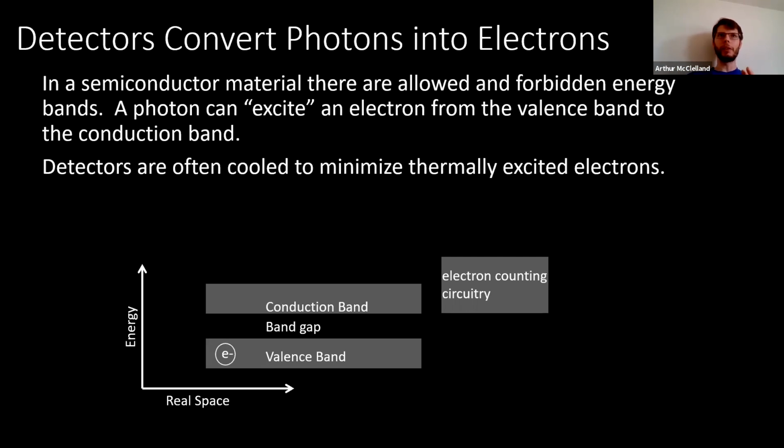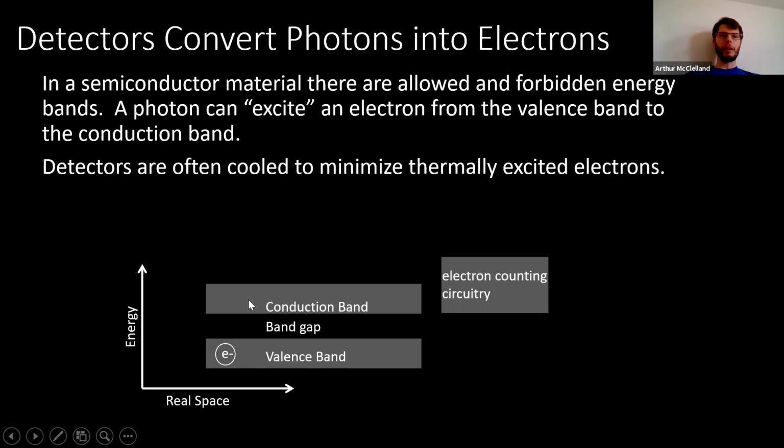There are photomultiplier tubes, which are sort of fading out of use, but they work by the photoelectric effect. Here, your digital camera works by having a bandgap. We talked about bandgaps in the first lecture. We have our valence bands where the electrons are bound to a nuclear core.